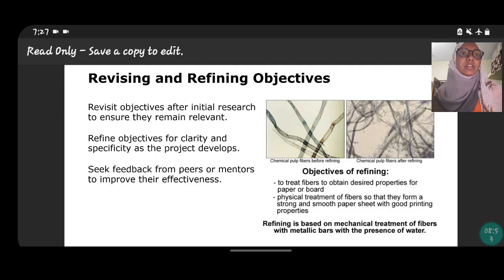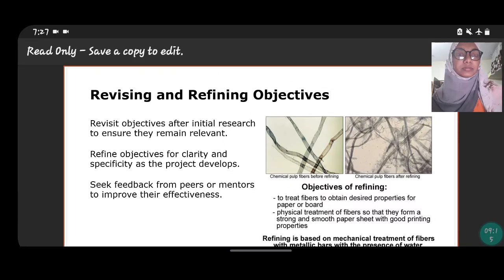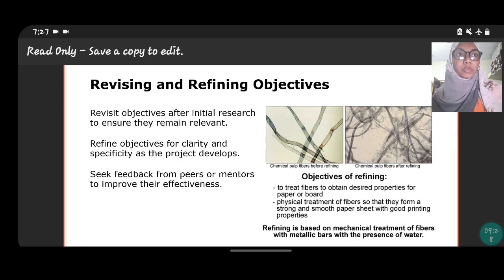Revising and refining objectives. Revisit objectives after initial research to ensure they remain relevant. So after the completion of our research, we have to revisit our objectives, so that they match our project or paper and remain relevant.